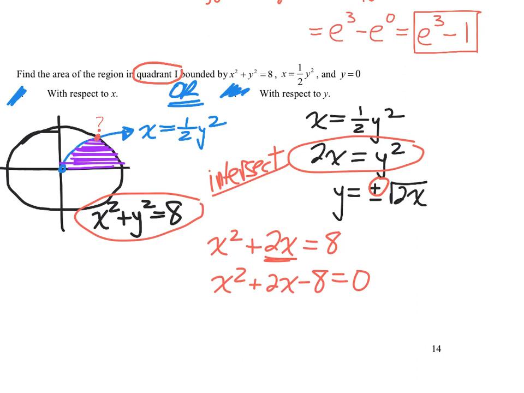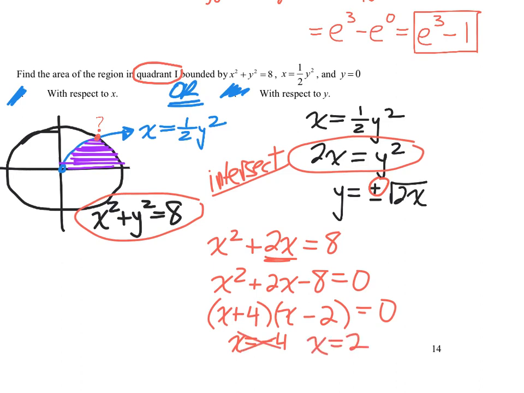You could factor, if it's factorable. Is it factorable? If you see it right away, go for it. If not, go to the calculator. So plus 4, minus 2. You got two solutions: x equals -4, that's not relevant, and x equals +2.